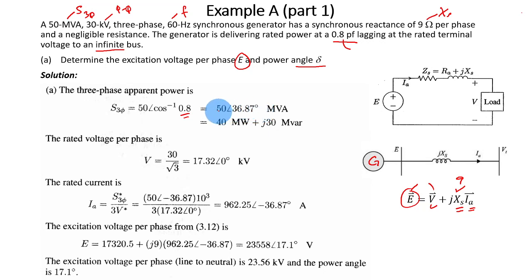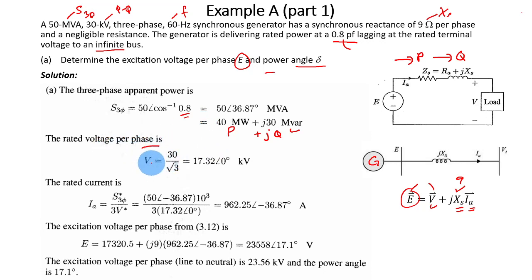If you split that into P and Q, this is your P, 40 megawatt, plus jQ, where Q, your reactive power, is 30 megavar. Remember, with a lagging power factor, P and Q are delivered to the network.